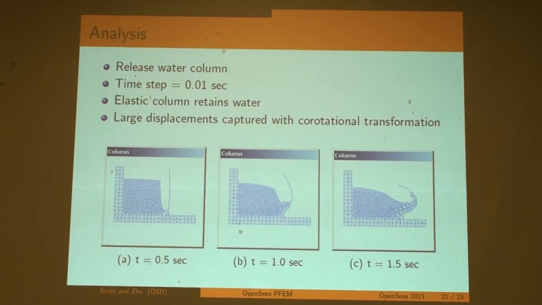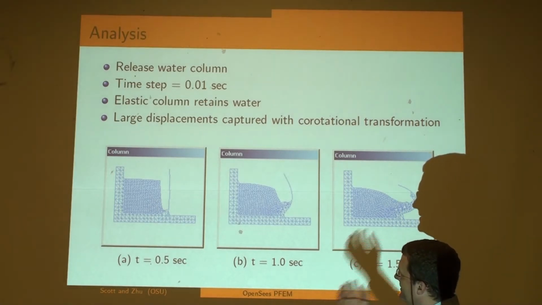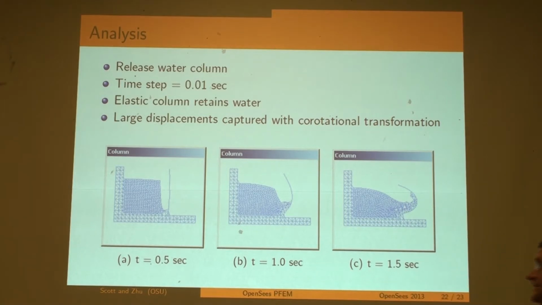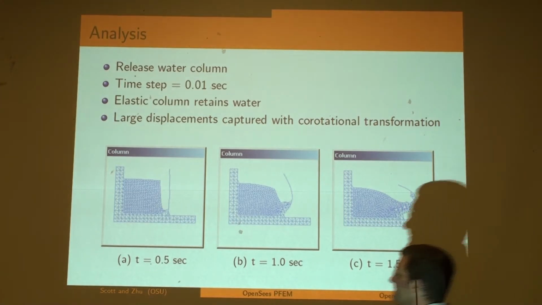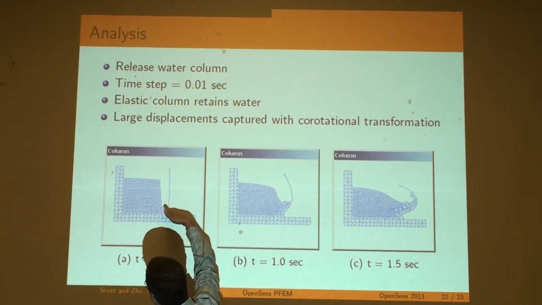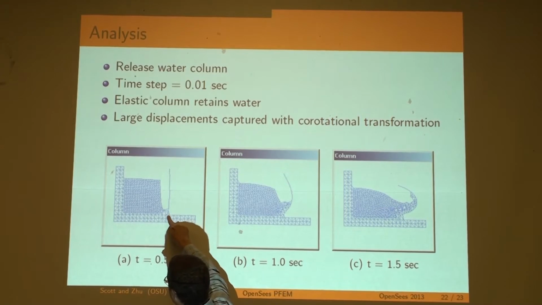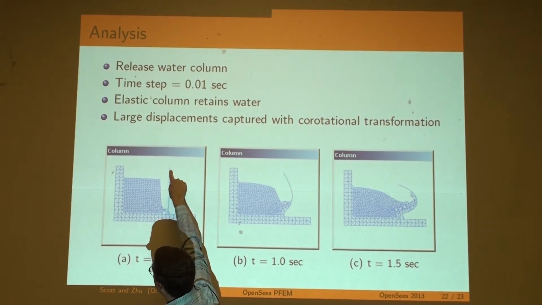So we remove the plywood, release the water column using a time step of 0.01 seconds. We can kind of see at about half a second, the water is starting to impact the column here. And I don't think I mentioned it's fixed down here, and then vertical roller up here.